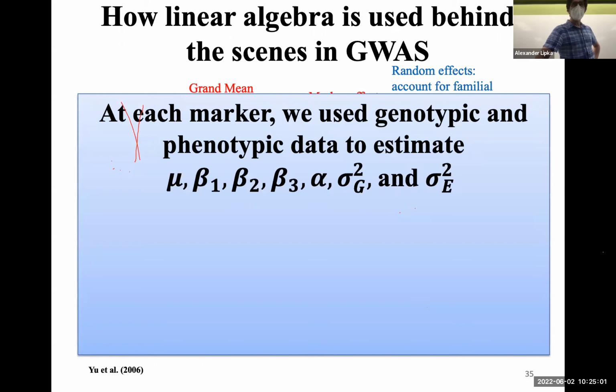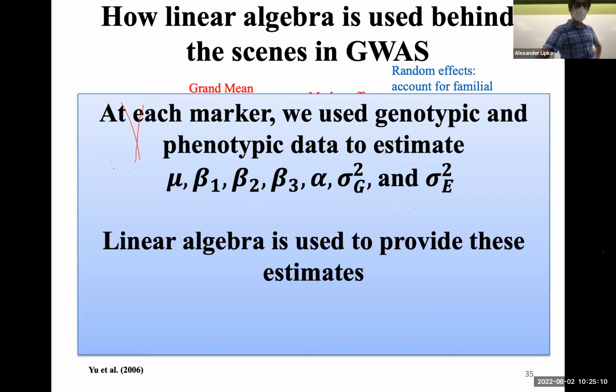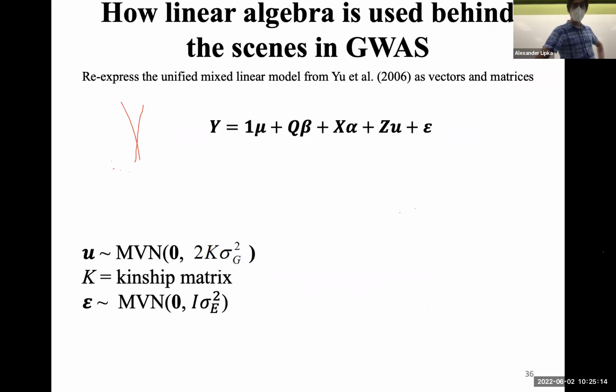At each marker, we use our genotypic and phenotypic data to estimate these parameters, and behind the scenes, linear algebra is used to provide these estimates. The unified mixed linear model, as seen on the previous page, can be represented in algebraic terms as follows.